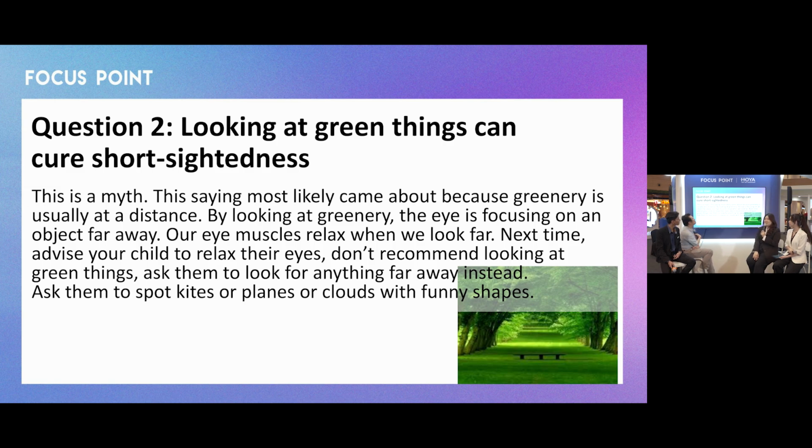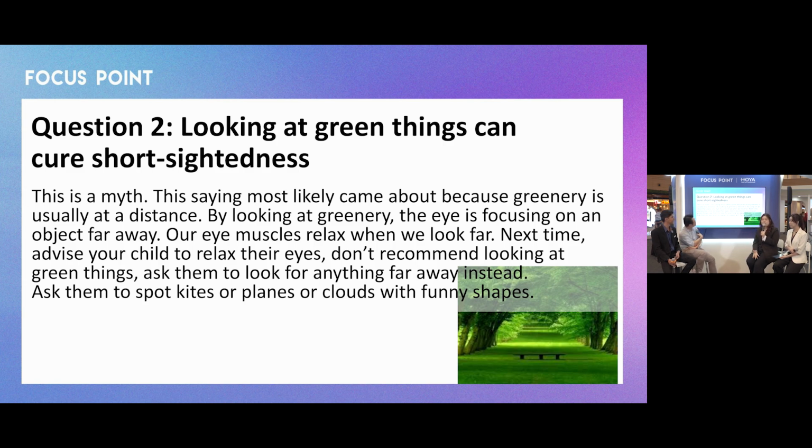Some of the parents used to ask if looking at something green will help. If I buy a small cute plant and put it in my study room next to the computer screen, okay, that is a real question from a real patient. But actually this doesn't really help.